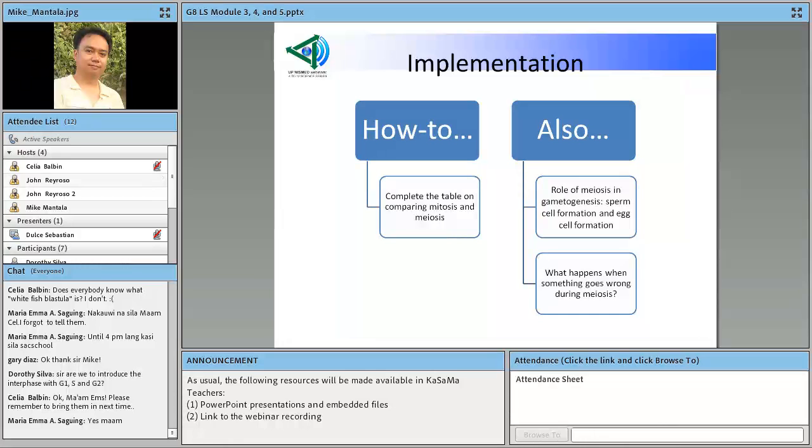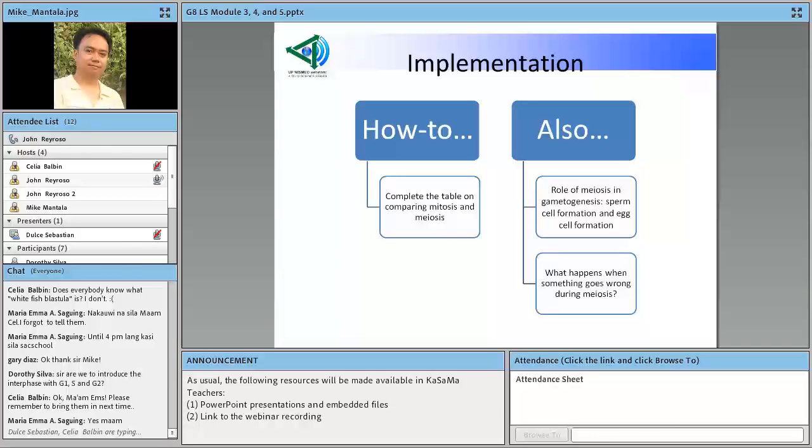And in meiosis, one cell would divide to form two cells, and if it were spermatogenesis, meaning sperm cell formation, the two cells would divide again in meiosis 2 to produce four daughter cells.